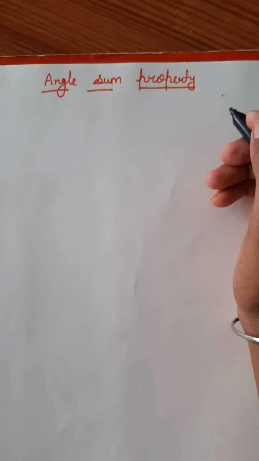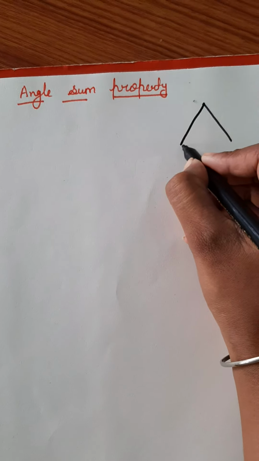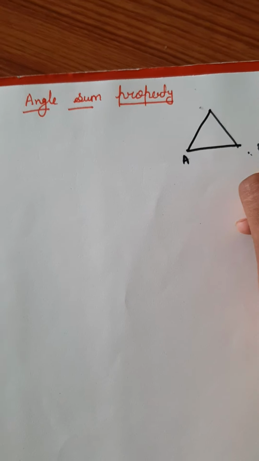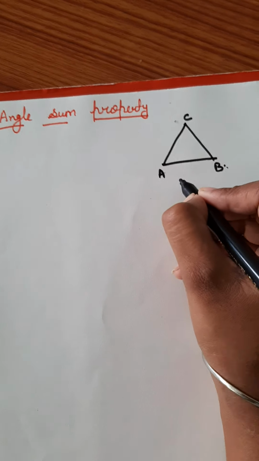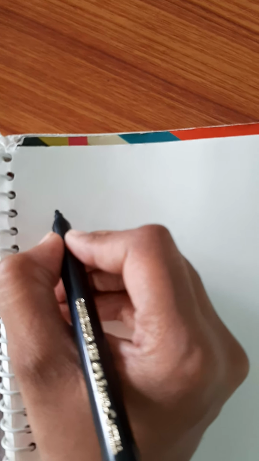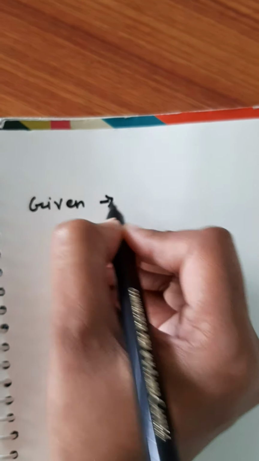So here this triangle is given and the name of this triangle is ABC. Here I am writing the first point of my theorem: given. I told already, given. क्या given है?